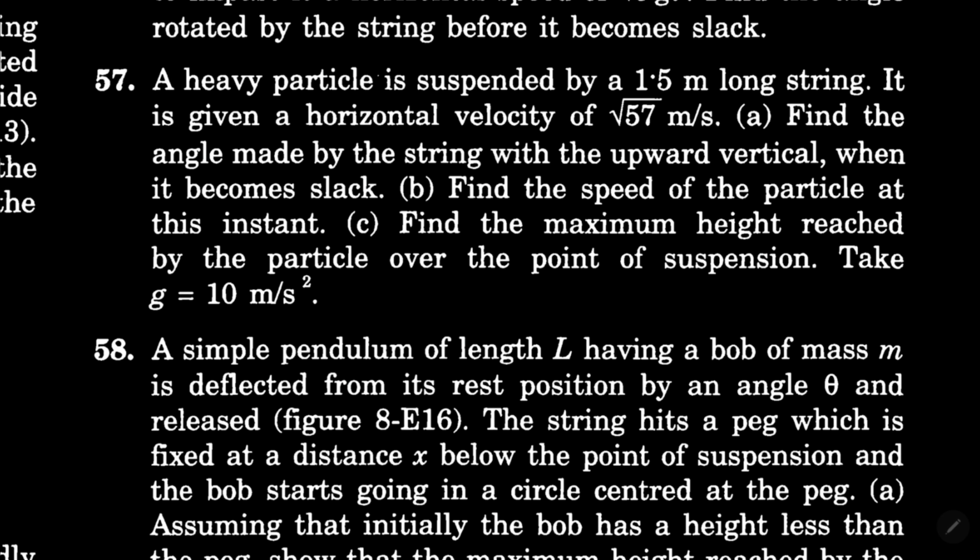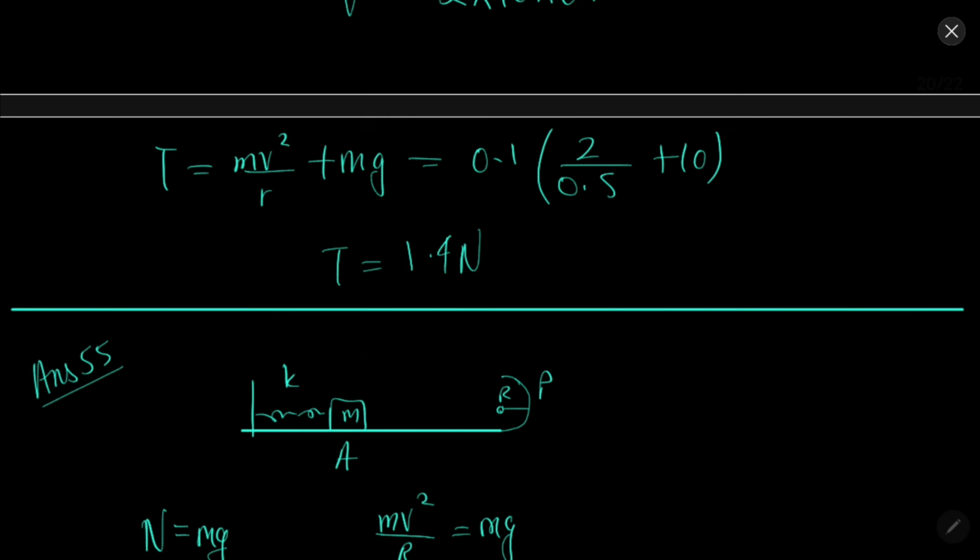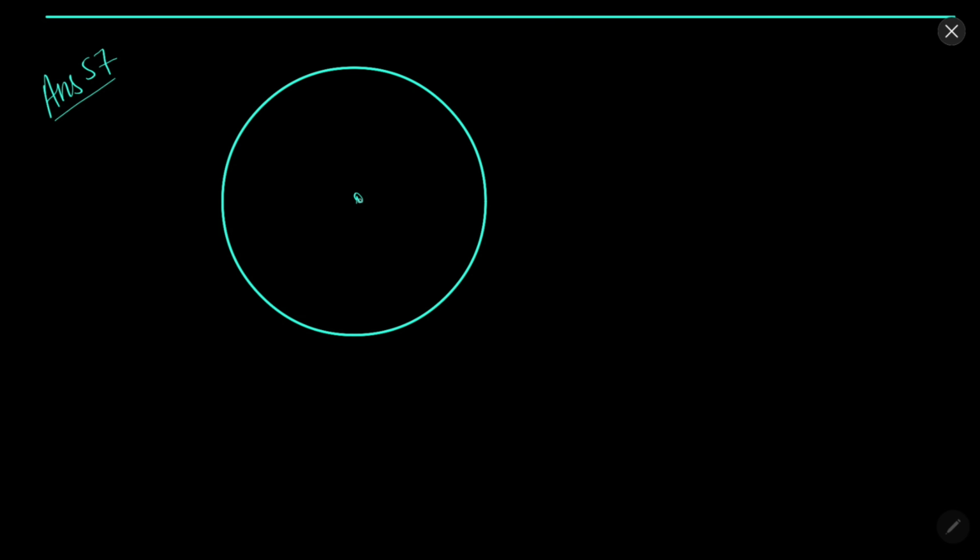In question 57, we have a heavy particle. We need to find the angle made by the string with the upward vertical when it becomes slack, the speed of the particle at this instant, and the maximum height reached. So this is 57.